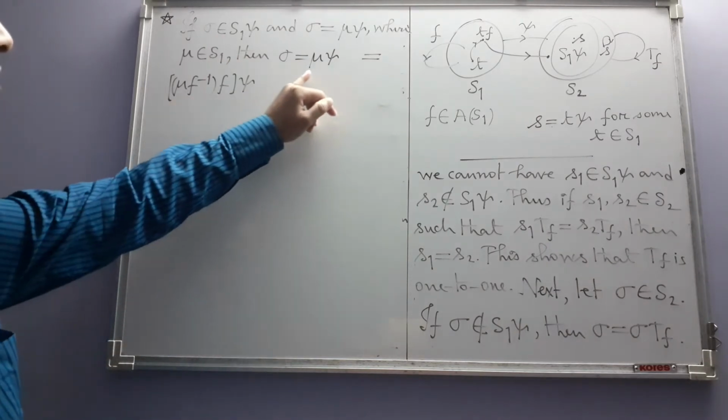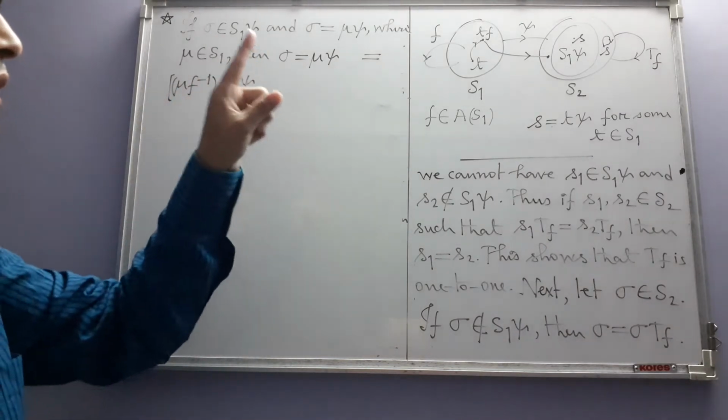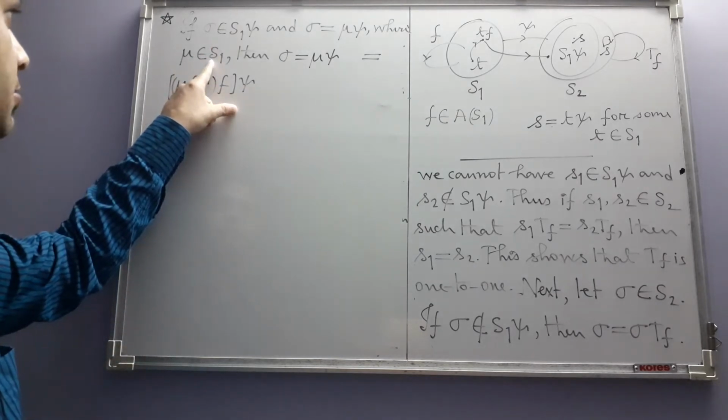Does it make sense? Mu is an element in S1.